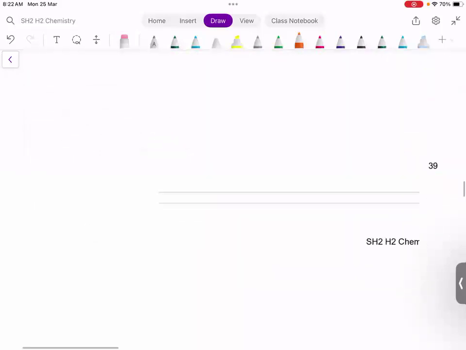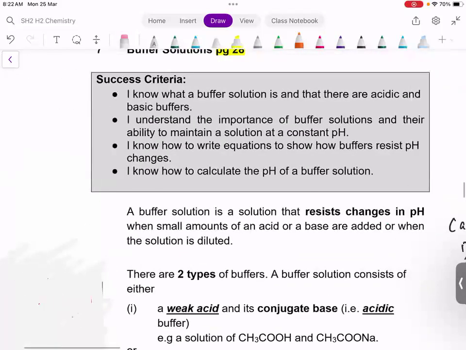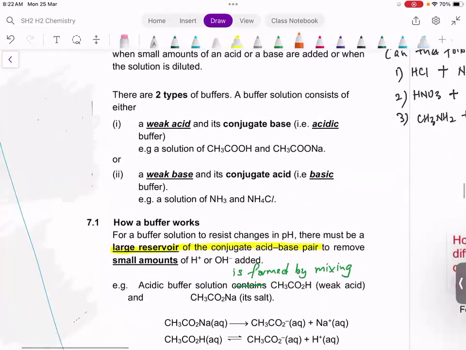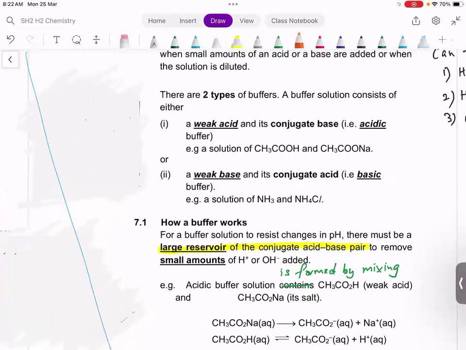Okay, let's move on. So what is a buffer solution? Okay, so please take note, there are 2 types of buffer, and if you look at the definition given to you, you must have a weak acid and its conjugate base. The conjugate base will be in the form of a salt.